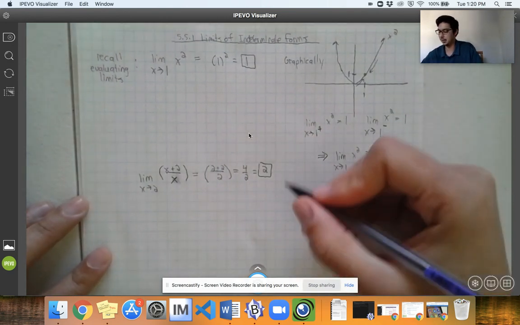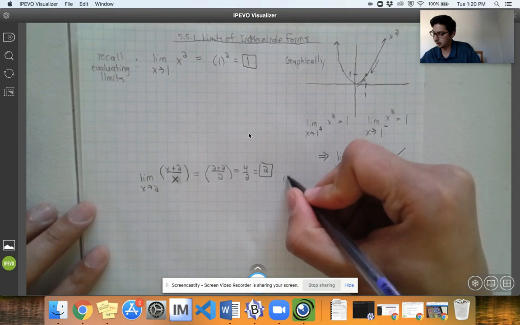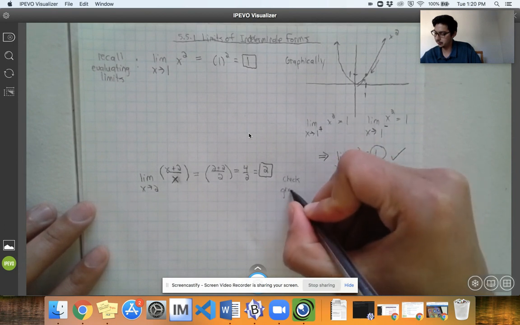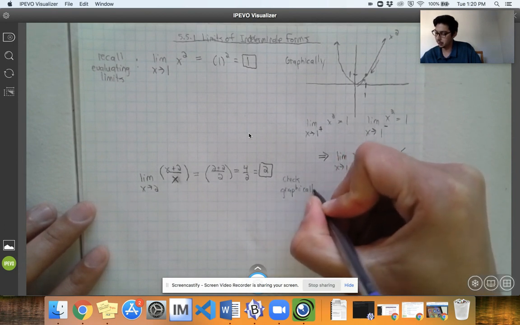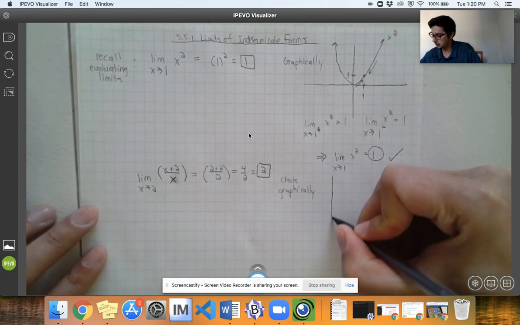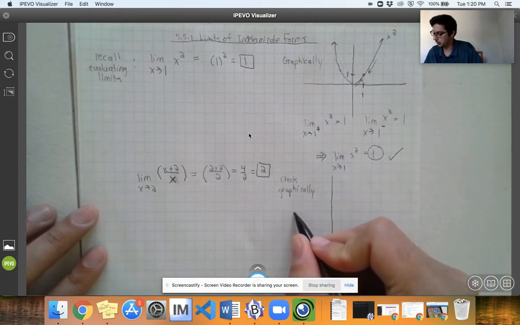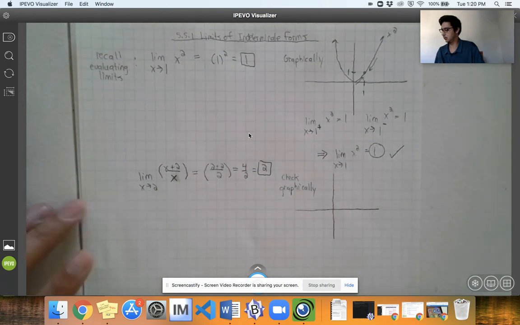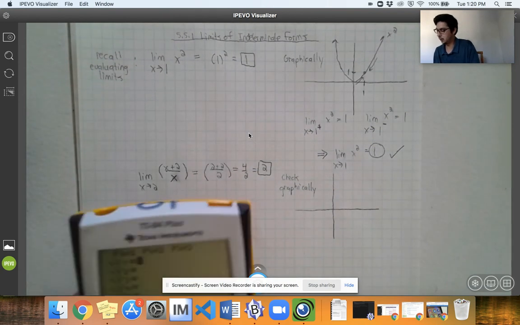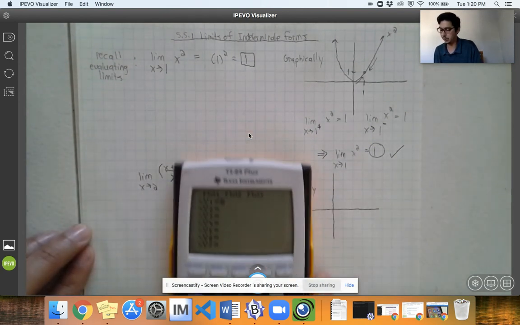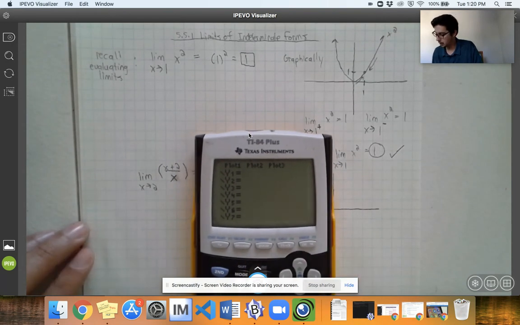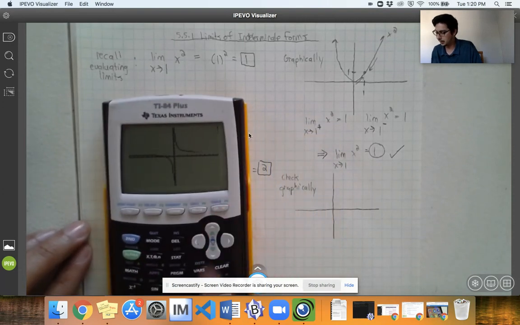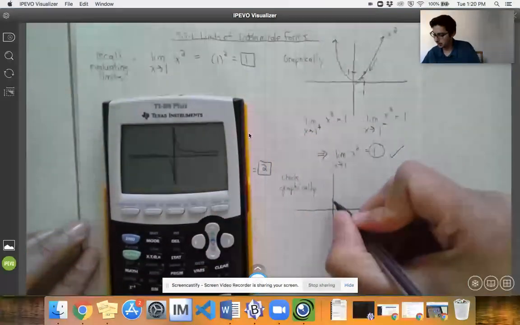If we wanted to check the answer graphically, I actually don't know what this looks like, so let's bring out my calculator and look. If I put that equation in on my calculator, x plus 2 divided by x, and look at the graph, it looks something like this, where you know that at 0 there's an asymptote.